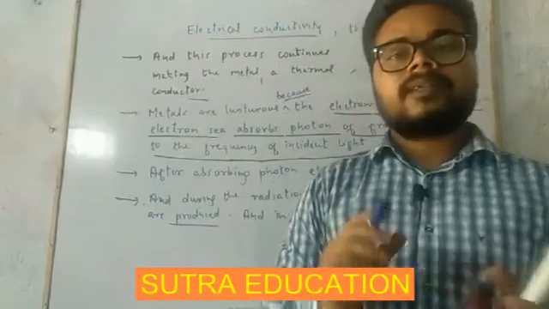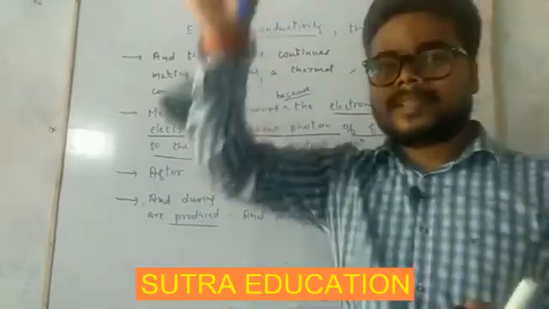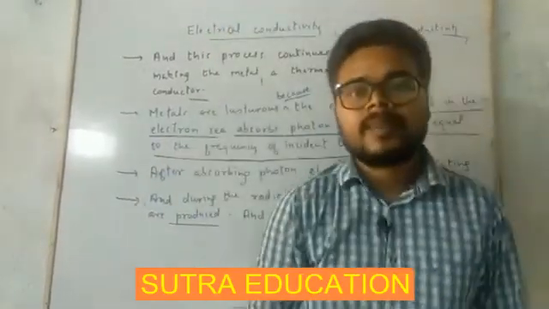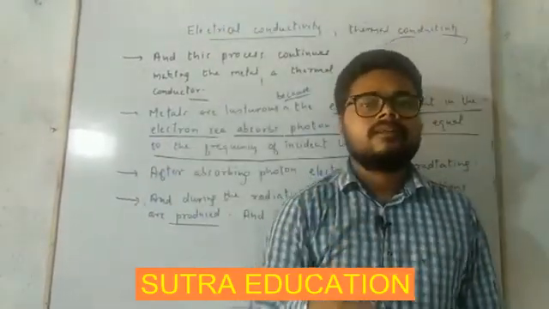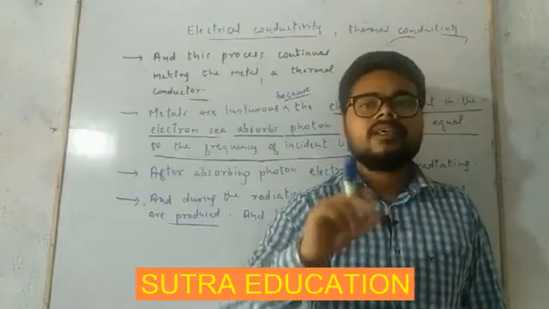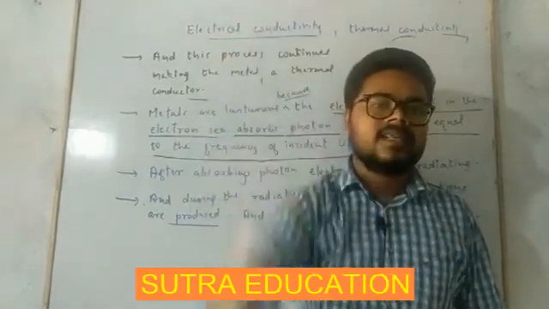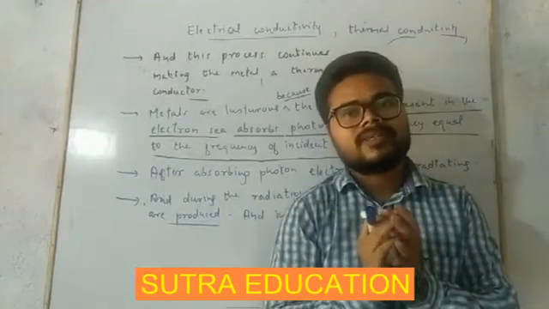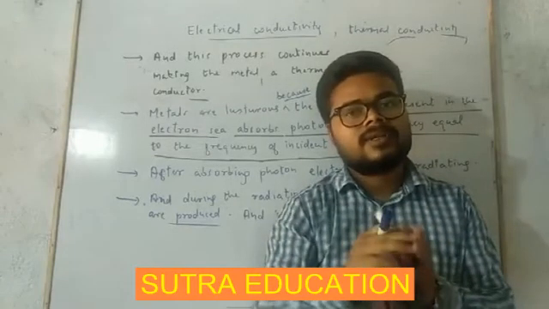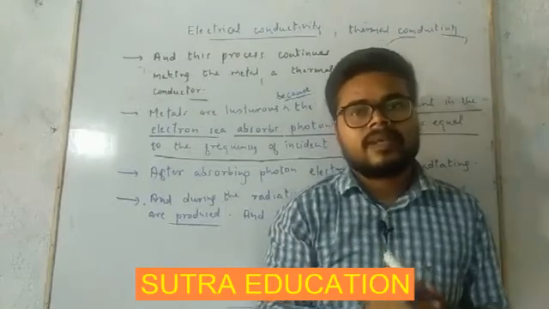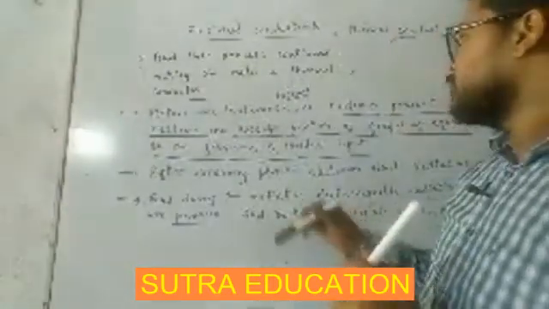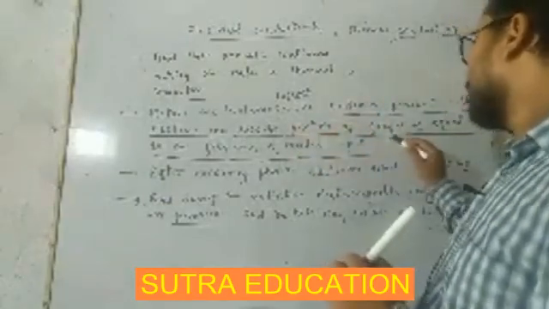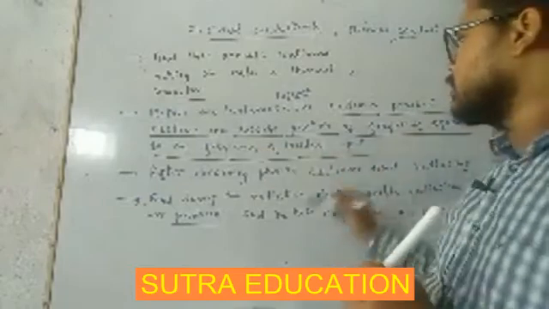Electrons are present in the electron sea, so when it is exposed to sunlight, the electrons present in the electron sea absorb the photons present in sunlight. And one more thing I have written here, the photon which it absorbs is of frequency equal to the frequency of incident light.